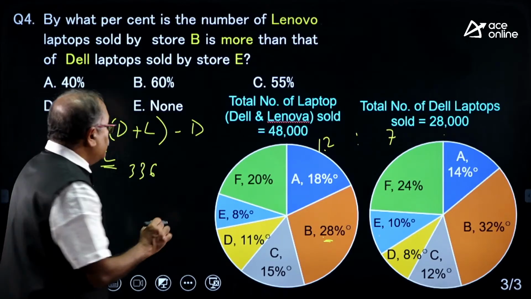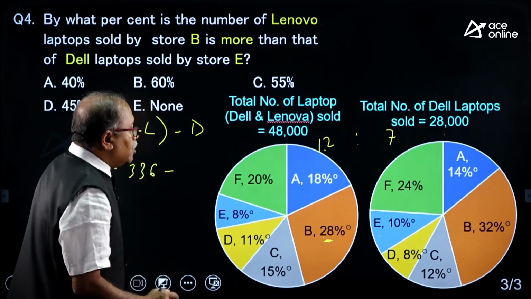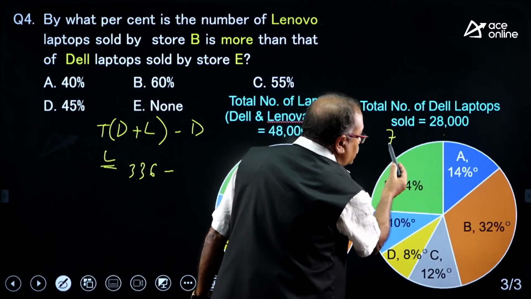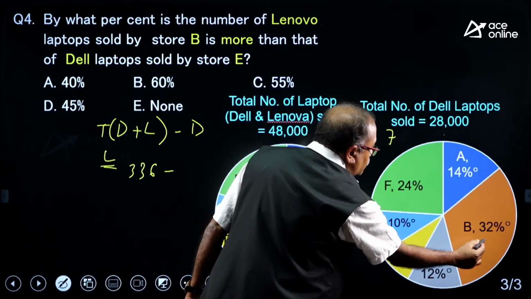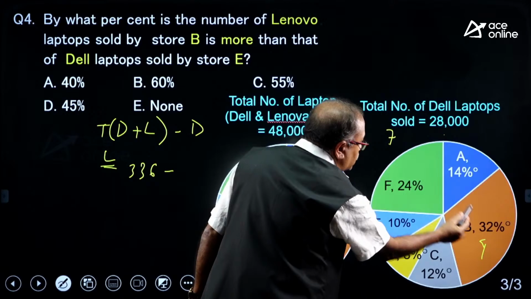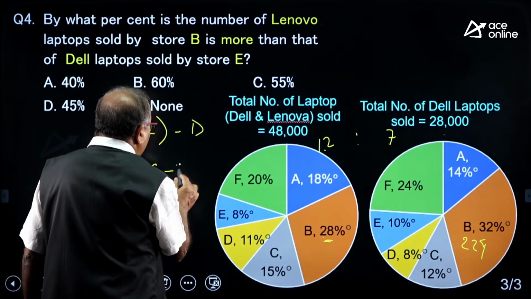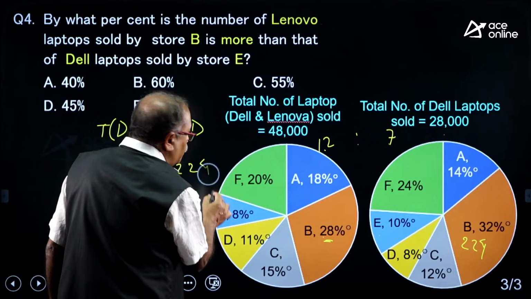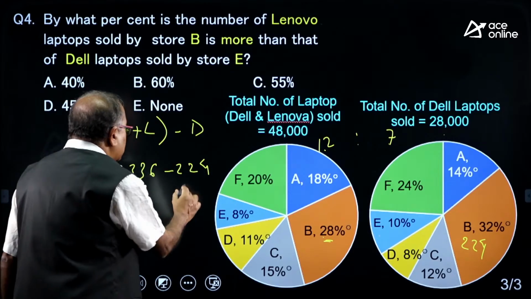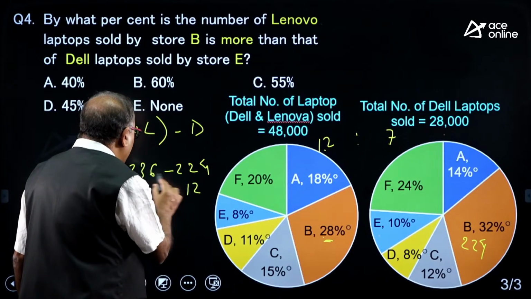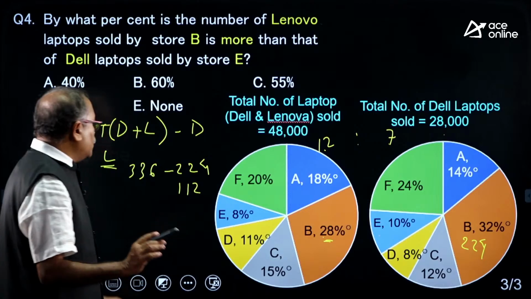That is the total, minus Dell of B. So that is 7 into 32, that comes 14 carry 1, and 7 3s are 21 and 1 is 22, so 224. So I get this as 112.